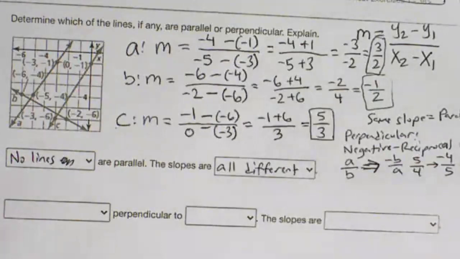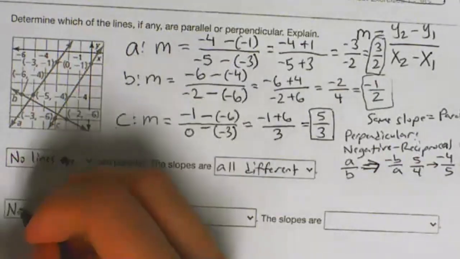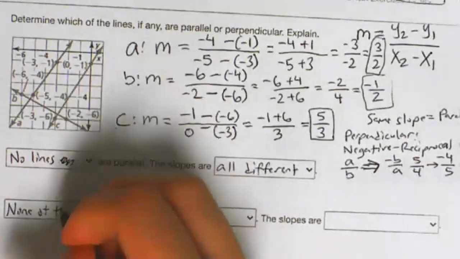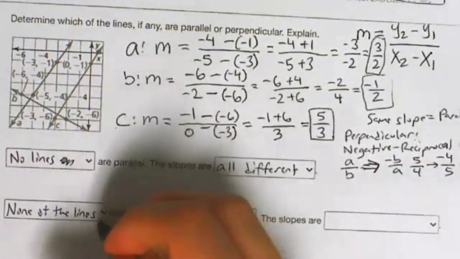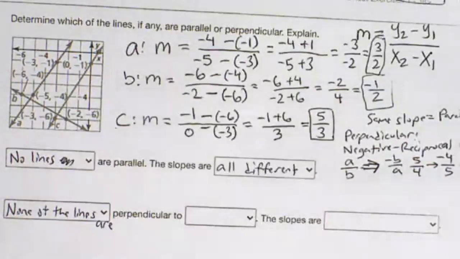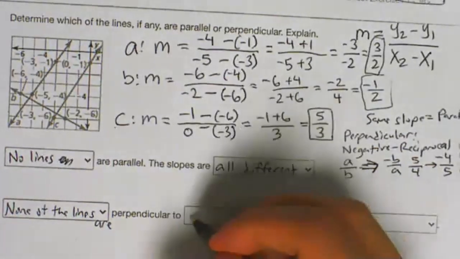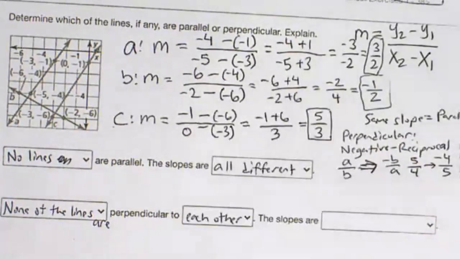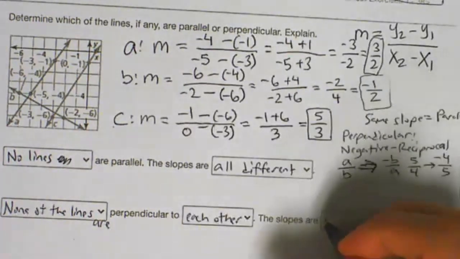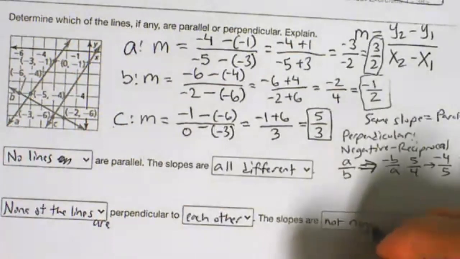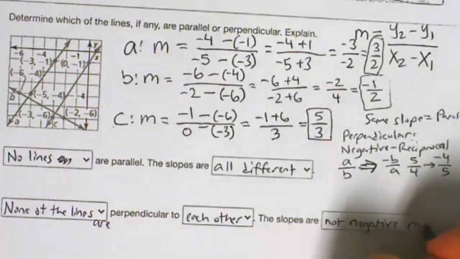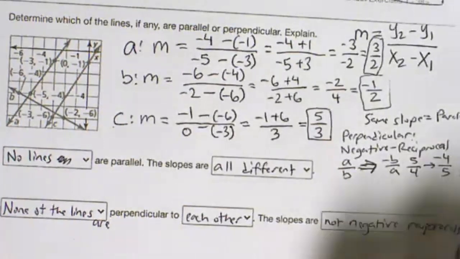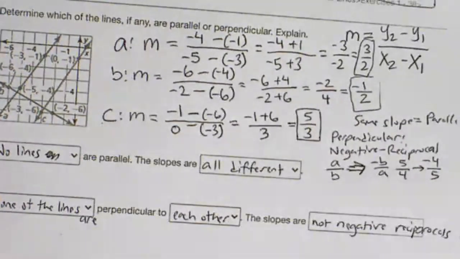So it actually turns out that in this one, none of the lines are, that's the exact verbiage used by Big Ideas, none of the lines are perpendicular to each other. And the reason for that is because the slopes are not negative reciprocals, because negative reciprocals are what we need for our lines to be perpendicular.